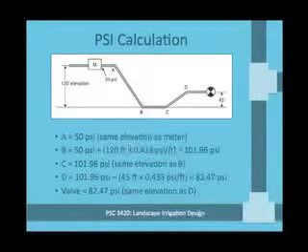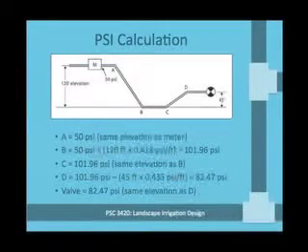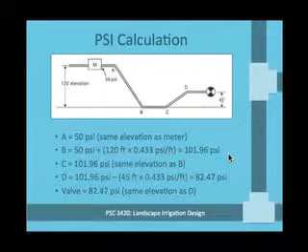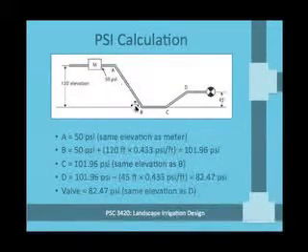So 120 feet times 0.433 psi per foot, and then adding that to 50 psi, we end up with 101.96 psi. So we've had a significant increase in pressure from A to B.